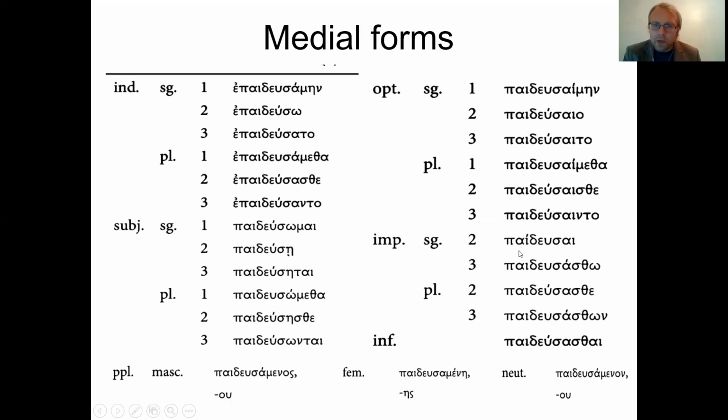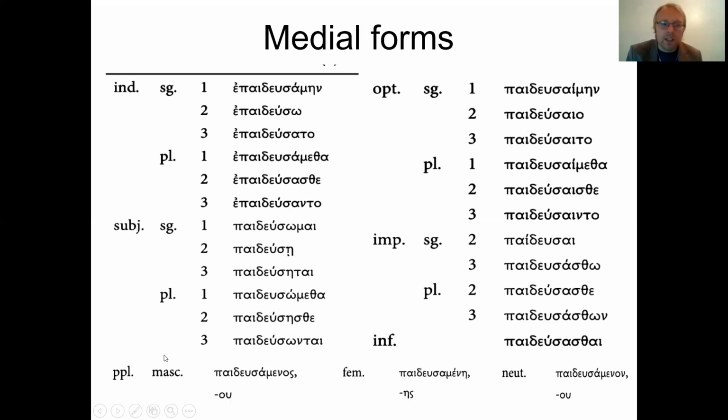Then if you look at the imperatives, the second person singular paideusai actually looks very much like the active aorist infinitive, but there is the difference that this accent here is an acute. In the active aorist infinitive, the accent is a circumflex. So that's how we can set them apart. The infinitive is paideusasthai.